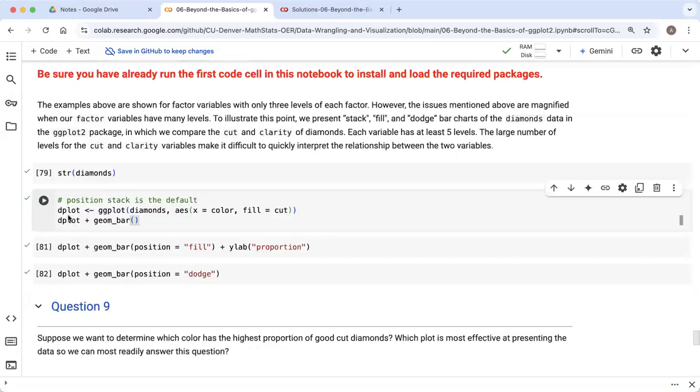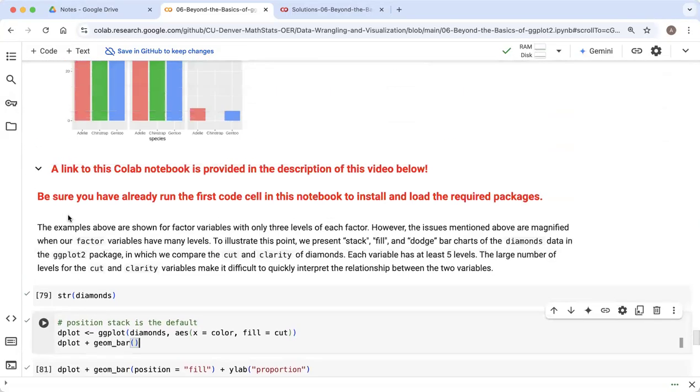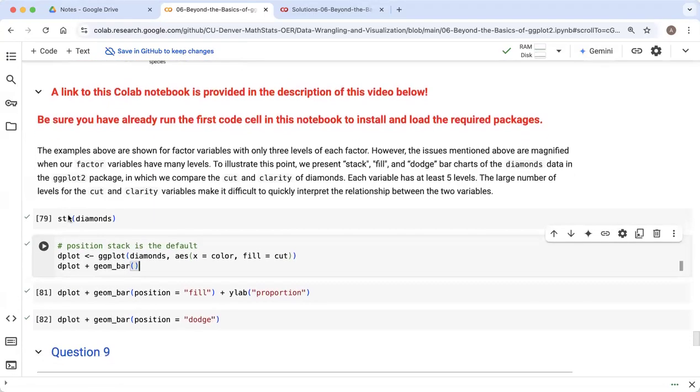So I want to think about a different data frame, which has categorical variables that have more categories. In the ggplot2 package, there's a data frame called diamonds.